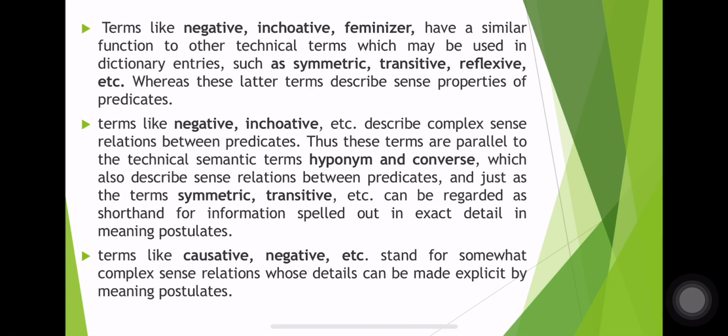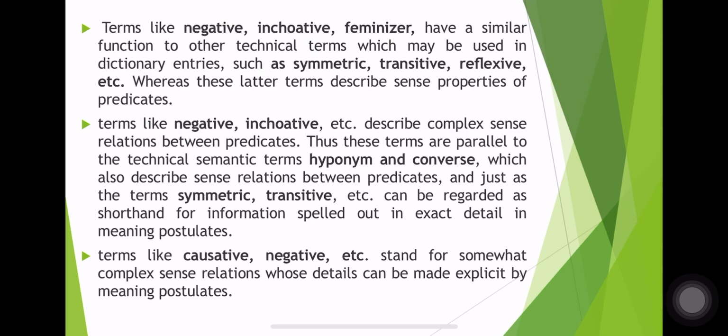And the terms negative, inchoative, and feminizer have a similar function to other technical terms which may be used in dictionary entries, such as symmetric, transitive, reflexive, etc. Whereas these latter terms describe sense properties of predicates, terms like negative, inchoative, etc. describe complex sense relations between predicates.